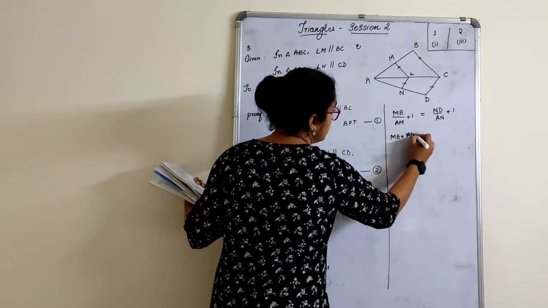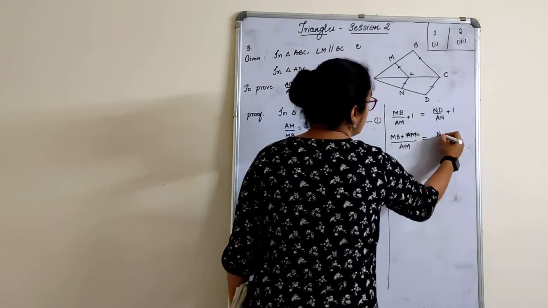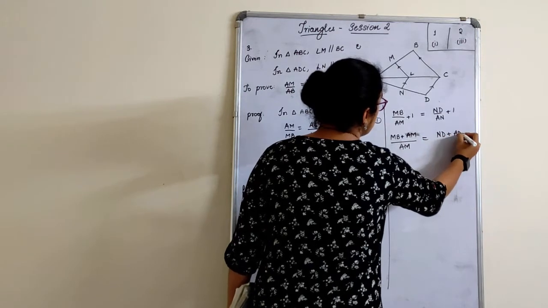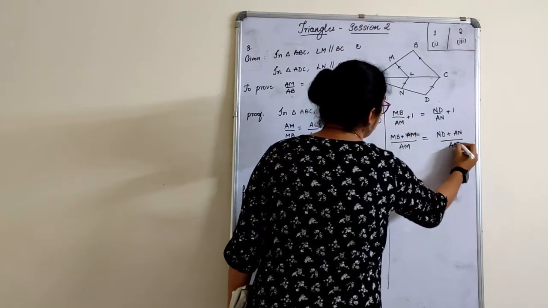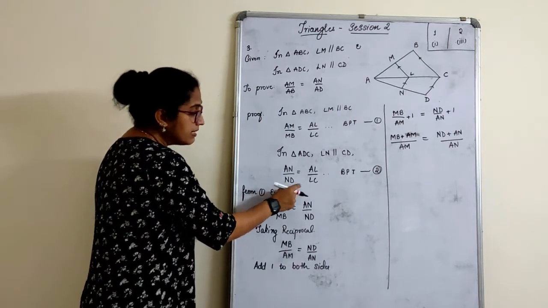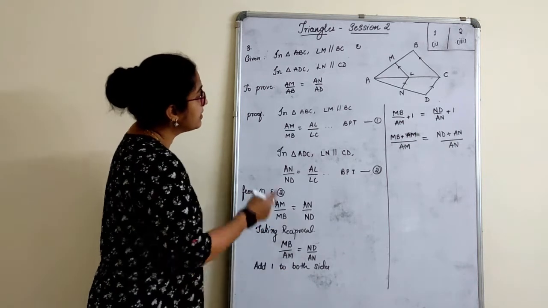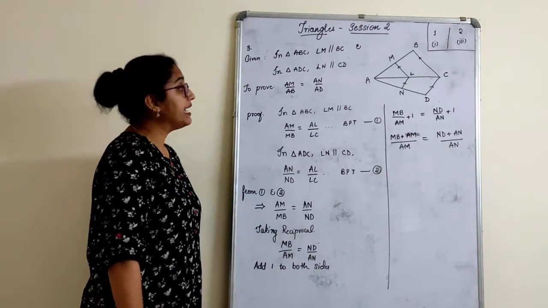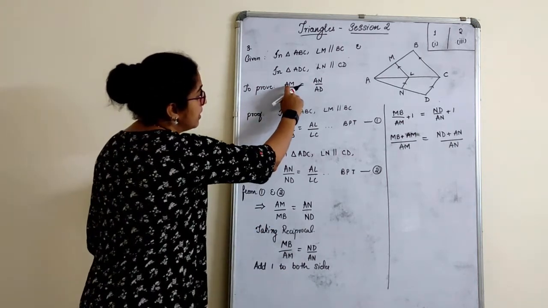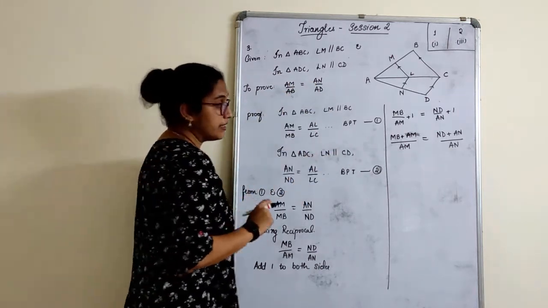MB plus AM upon AM is equal to ND plus AN upon AN. If there was no reciprocal, my denominator would be ND and MB, which is nowhere required. I require the denominator as AB, this one and this, but that I already have there.